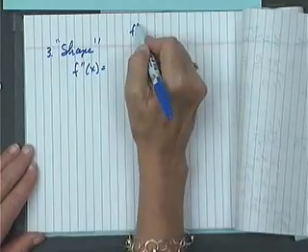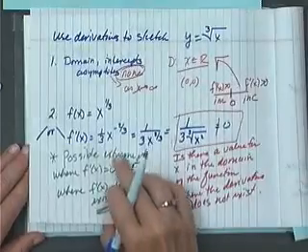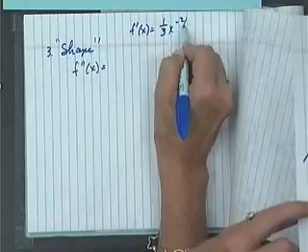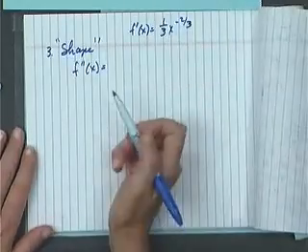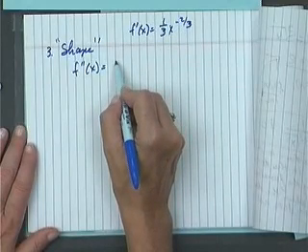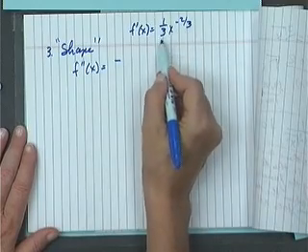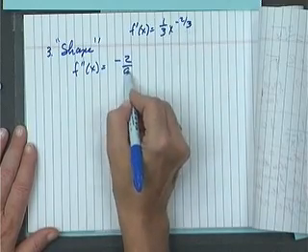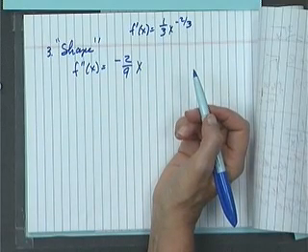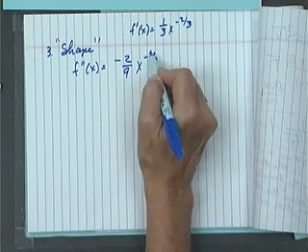Let me write up the first derivative so we can look at it: 1/3 x to the negative 2/3. So the second derivative is going to be negative 2/9 x to the negative 5/3.